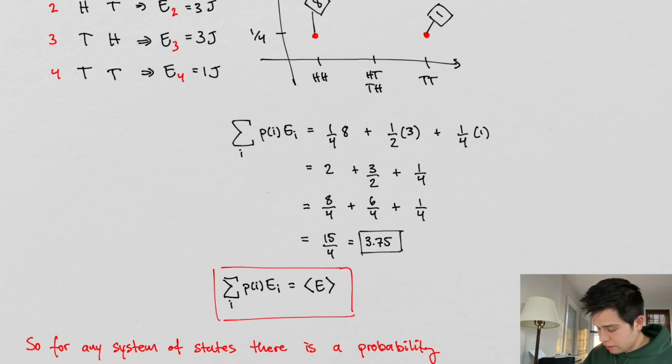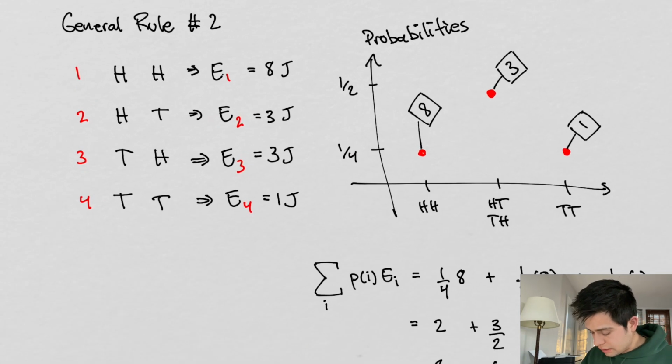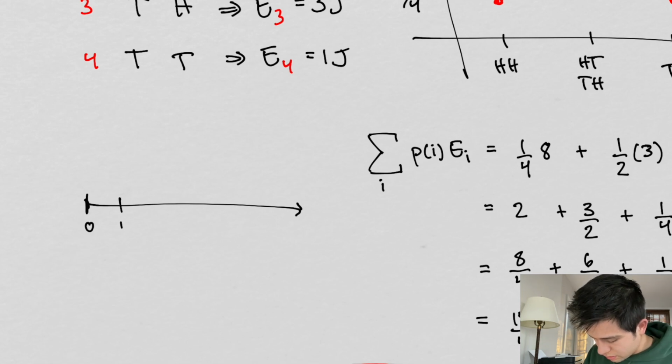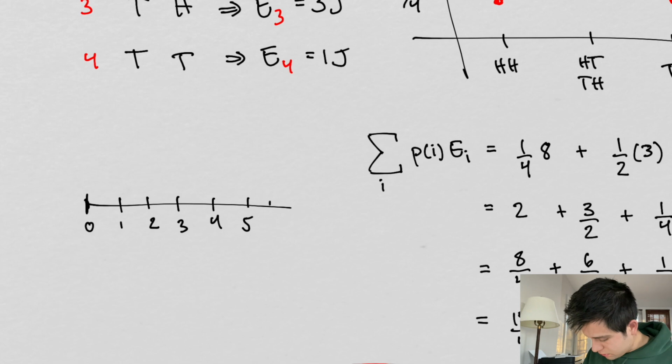If we were to draw out our energies on a plane, here's 0, here's 1, 2, 3, 4, 5, and then 6, 7, and 8. Not really to scale, but we have a point here.